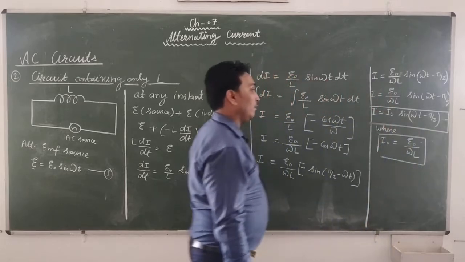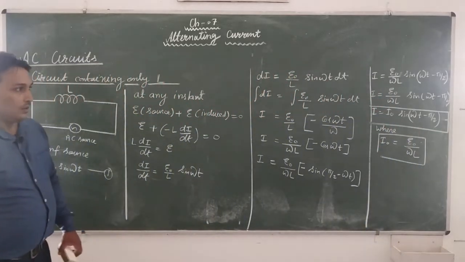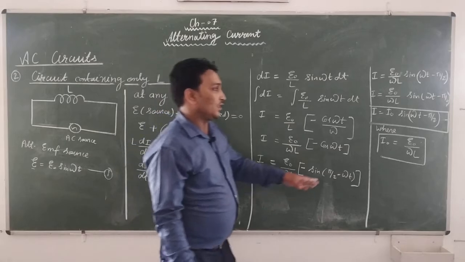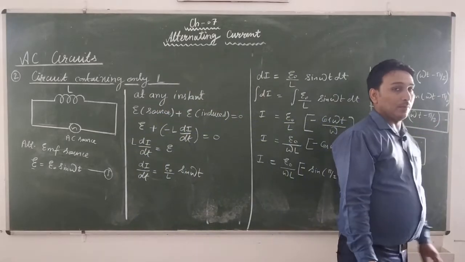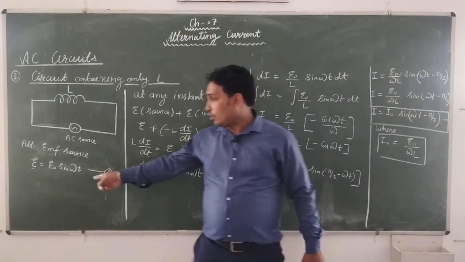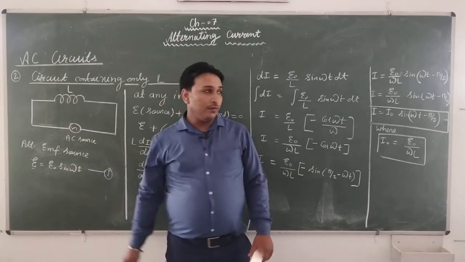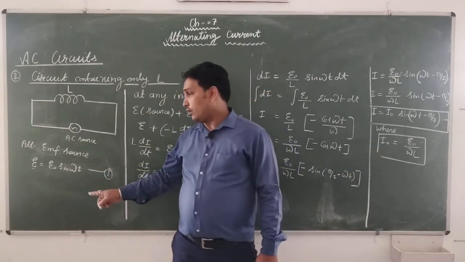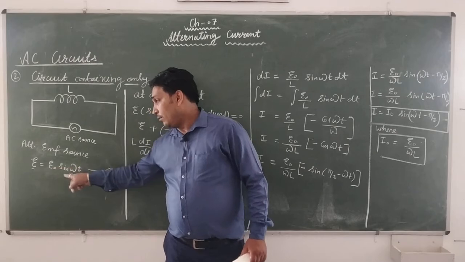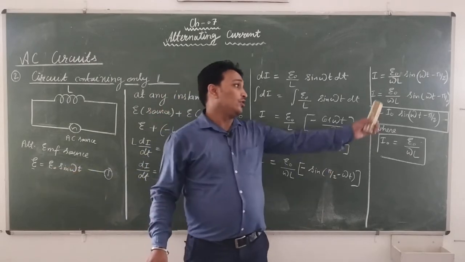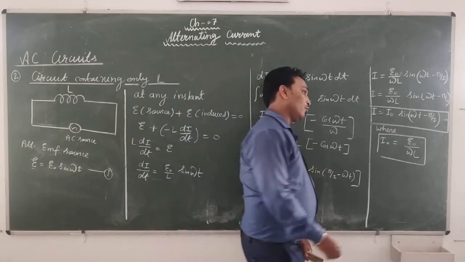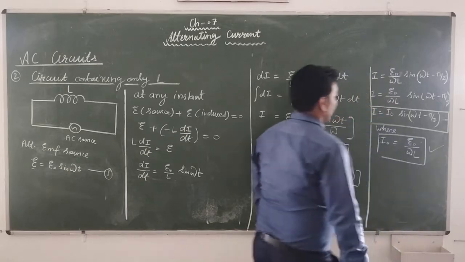So the phase of the current when it comes into the terms of sine is omega t minus pi by 2, and phase of voltage is what? Omega t. So now we can compare the phase of both, phase of EMF and phase of current. Right? There is one more important discussion regarding this, but we will do afterwards.